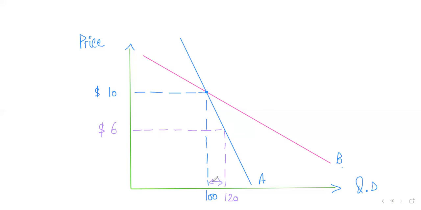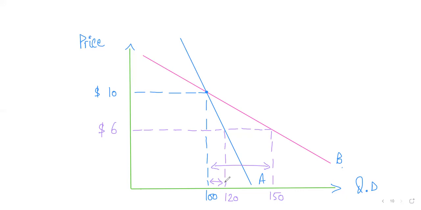So the quantity for A changed from 100 to 120, whereas the quantity for B changed by this much. So for which of the two curves, or which of the two products, A or B, was there a greater change in demand?